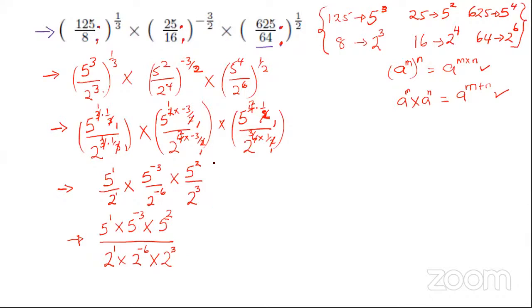So here we shall get 5, then we add the powers: 1 plus negative 3 plus 2, out of 2 to the power 1 plus negative 6 plus 3.